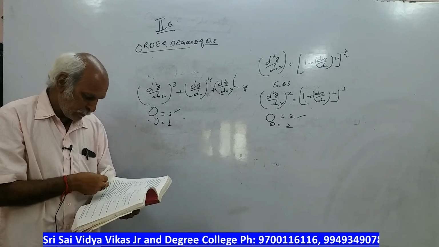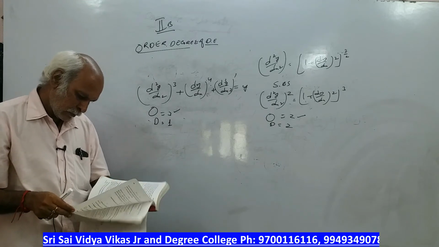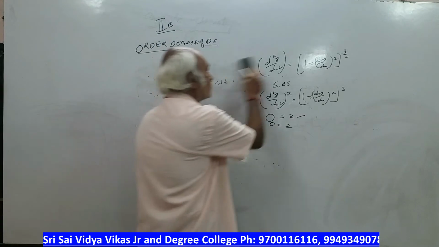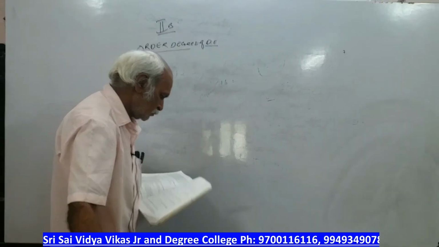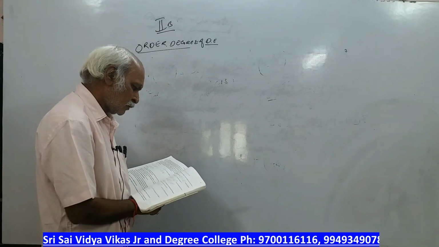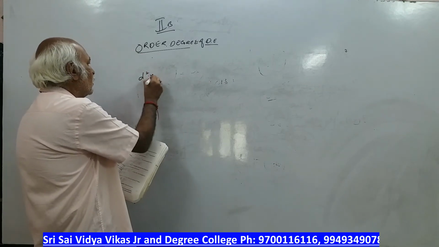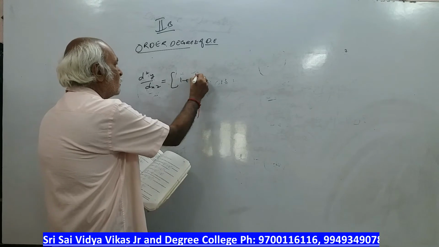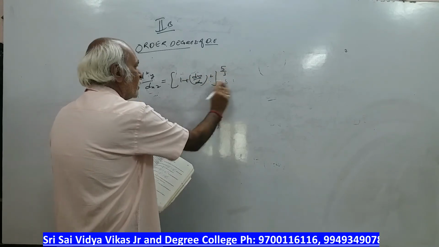One more problem should be there. All right, next. d square y by dx square is equal to 5 by 3.